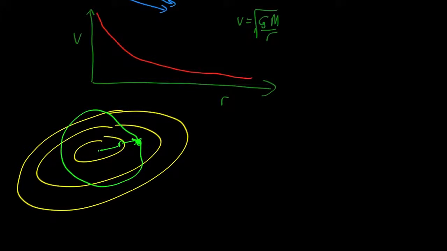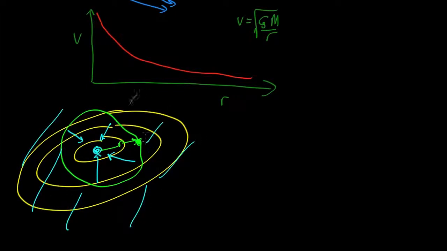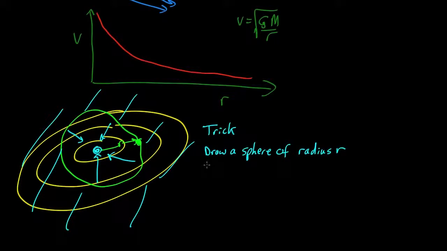All the mass that's inside this radius, you can approximate as just being a lump in the middle. And then all the mass that's outside, you can ignore. So that's the trick. Draw a sphere of radius r. Move all the mass inside the sphere to the point in the center. All the mass outside, you ignore.